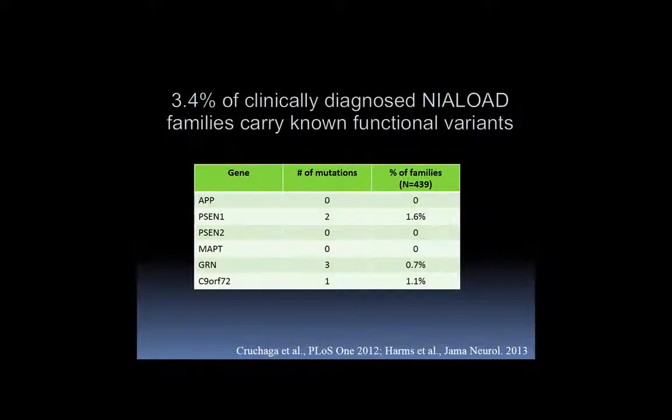And even worse, you can see just over 1% had an expansion of the repeat in C9orf72, which is associated with frontotemporal dementia and ALS. So about 1% of these sample families that we thought had Alzheimer's disease probably have frontotemporal dementia. And similarly, 0.7%, so almost 2% of these families carried mutations in genes that cause frontotemporal dementia, not Alzheimer's disease.